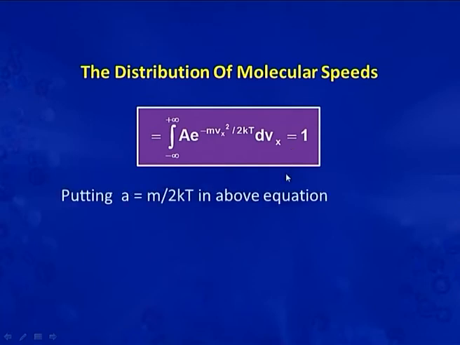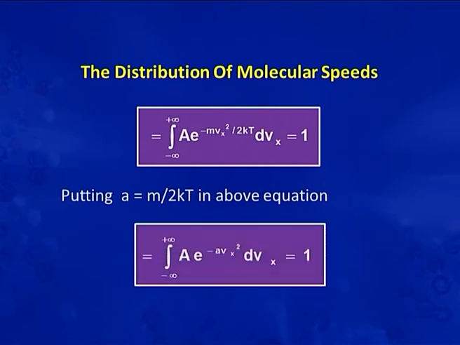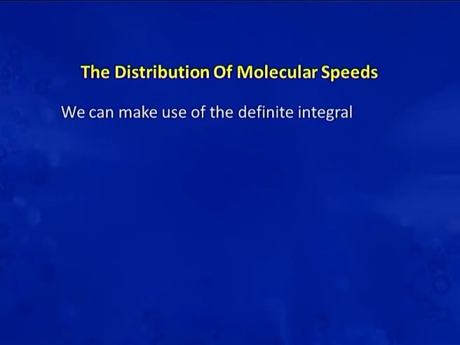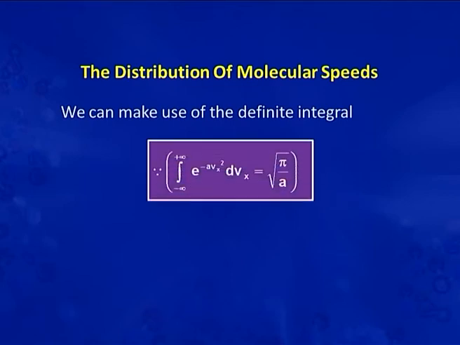Now, we will put a in place of m by 2kT. So, the equation is the integral from minus infinity to plus infinity of A e to the power minus a Vx square dVx equals 1. We can make use of the definite integral here, as we know that the integral from minus infinity to plus infinity of e to the power minus a Vx square dVx equals root pi by a.